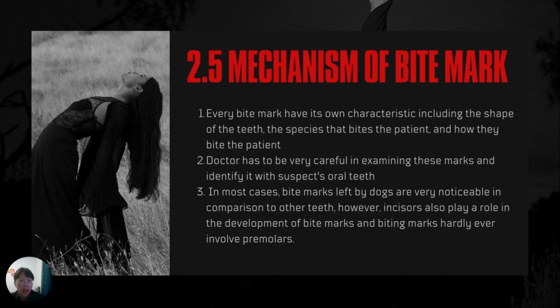For example, they have a big canine. However, it also plays a role in the development of bite marks, and biting marks hardly ever involve premolars. So it's usually the first and the second teeth from the front. That's all from me. Thank you.